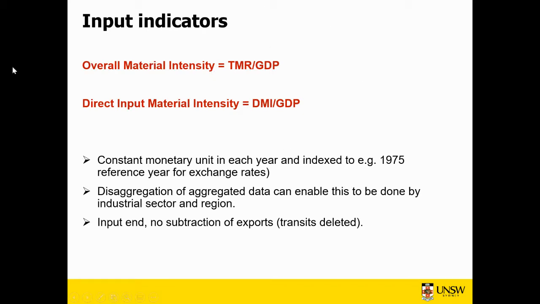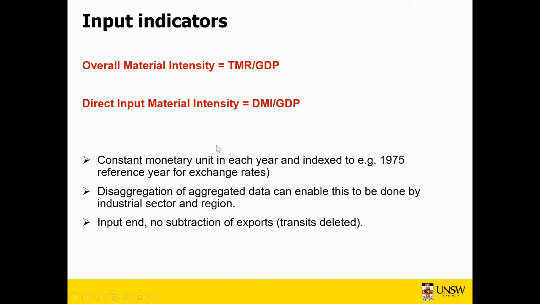So two useful indicators that we use are the overall material intensity and the input material intensity, which is basically dividing the total material requirement by the gross domestic product, which is an indicator of economical wealth or economical growth, and then dividing the direct material input by the gross domestic product.